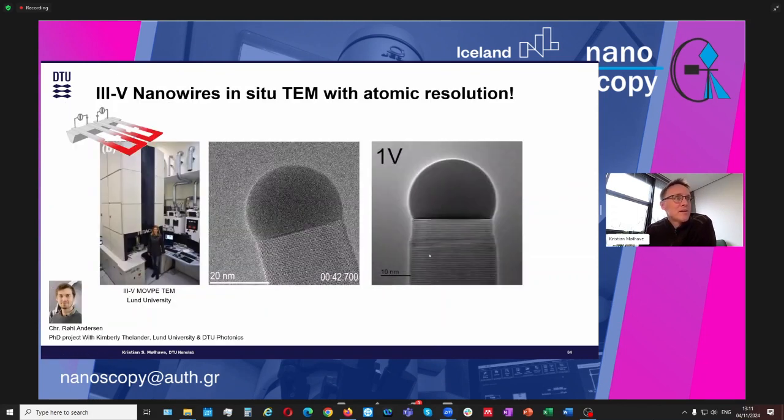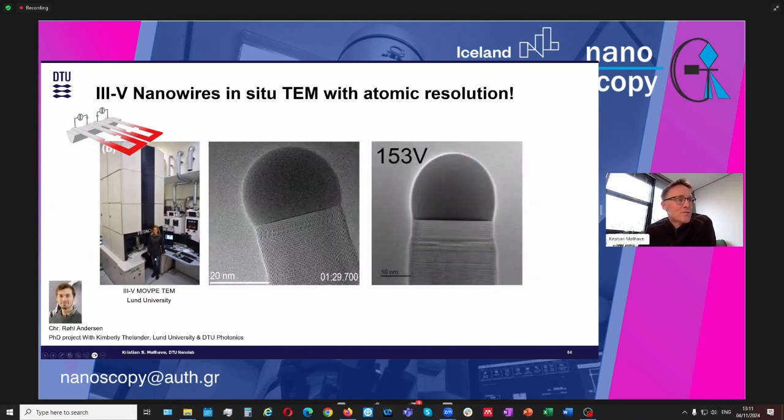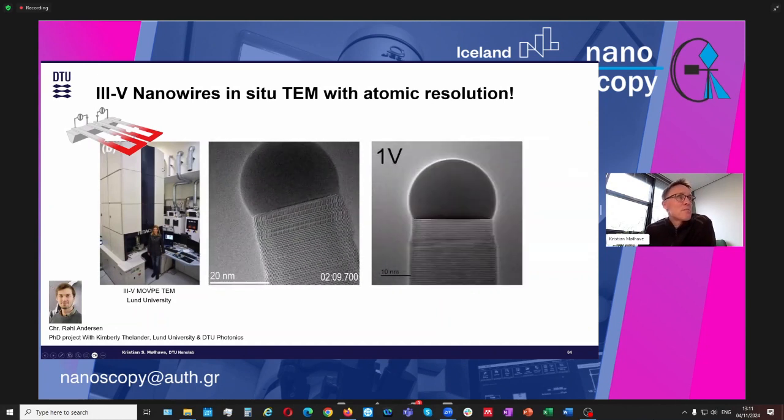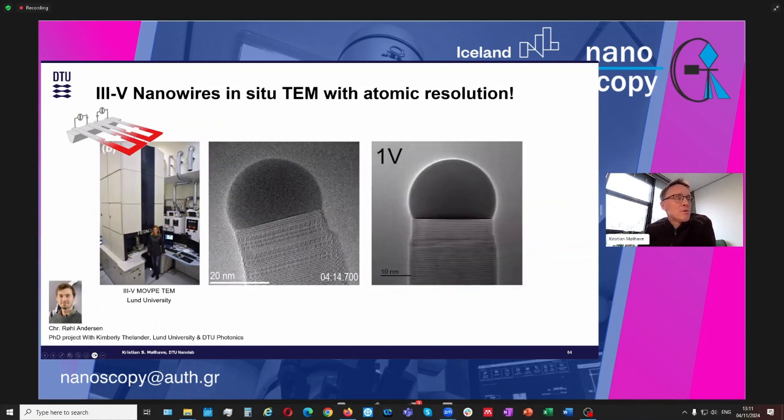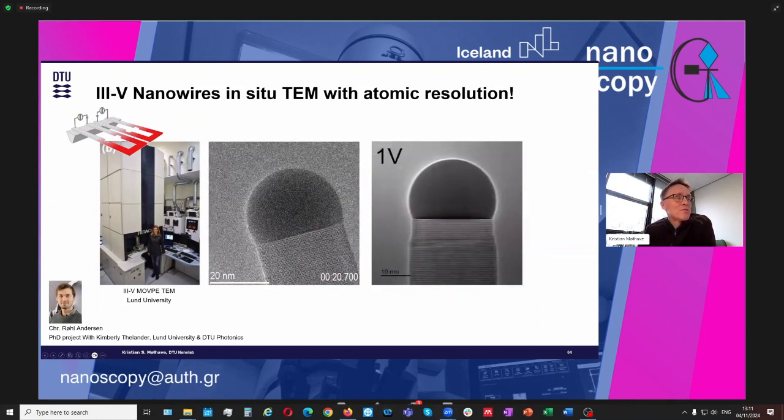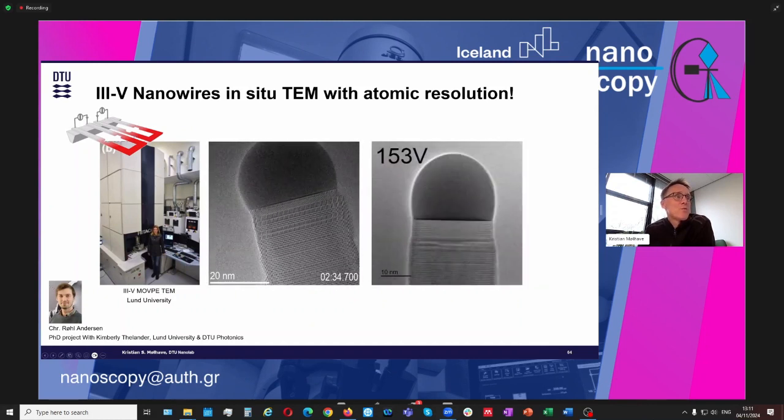But also then Kimberly at Lund University, Kimberly Talander, got this amazing new, humongous environmental TEM. So in this TEM, we're not able to grow just silicon, but we can grow all kinds of 3-5 semiconducting nanowires.